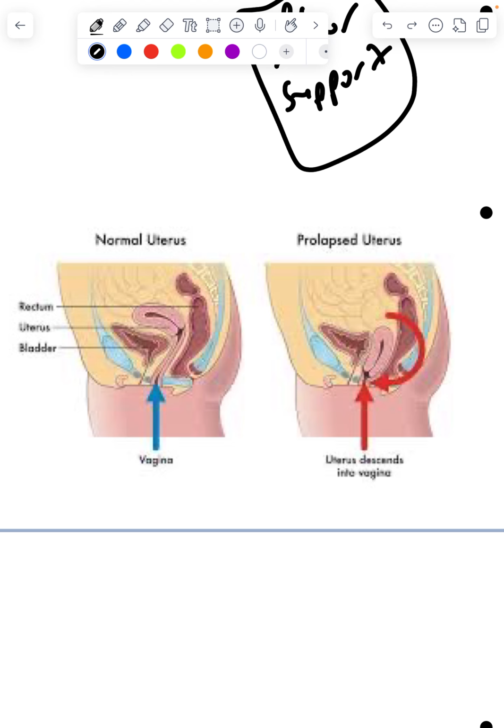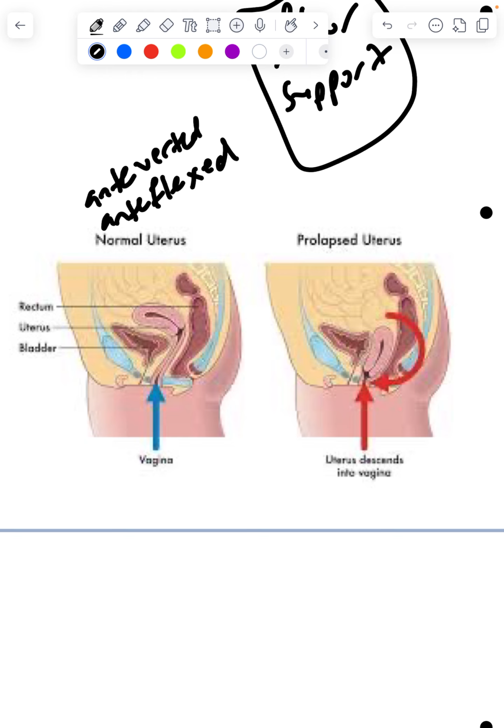The uterus is anteverted, so it's anteriorly towards the bladder. And usually the top part here, you see how it doesn't go straight. It's more flexed, so it's anteflexed as well. So normal, or I don't want to say normal, but most of the time, that's how it is: anteverted and anteflexed.